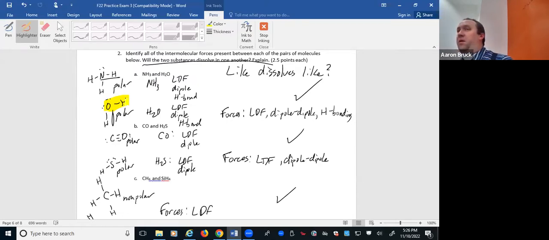Hydrogen bonding involves being polar and having one of 3 special bonds: hydrogen, oxygen, hydrogen, nitrogen, or hydrogen, fluorine. So the reason why these exhibit hydrogen bonding and this one didn't is because nitrogen, hydrogen, that's one of the special bonds. Oxygen, hydrogen, that's one of the special bonds. Fluorine, hydrogen, that's one of the special bonds. If I have a polar molecule with that, then I know it's going to exhibit hydrogen bonding as well.